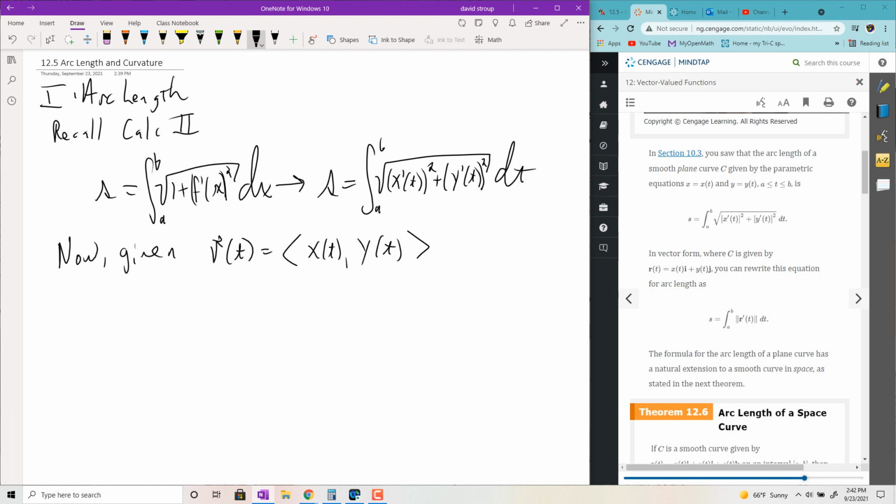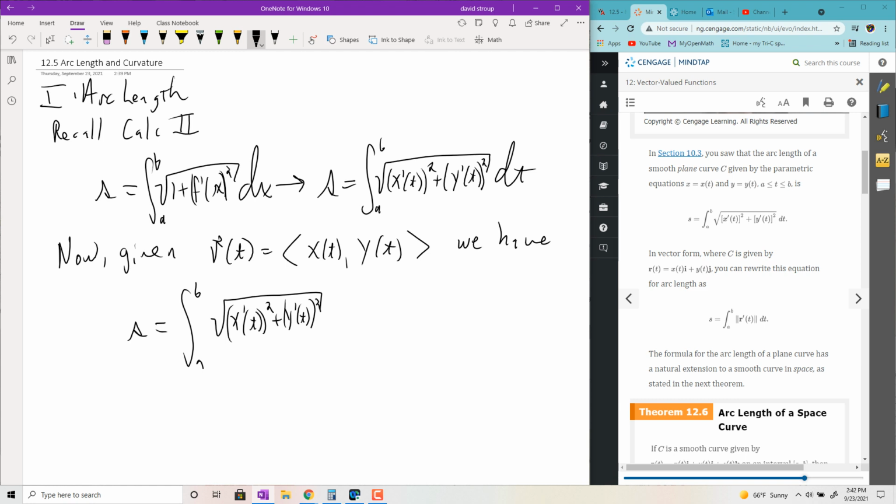To get the arc length, s, it's the same formula. s equals the integral from a to b of the square root of x prime of t squared plus y prime of t squared.